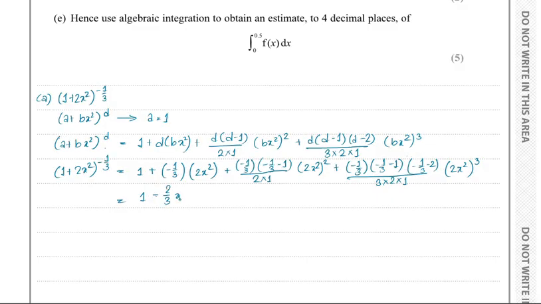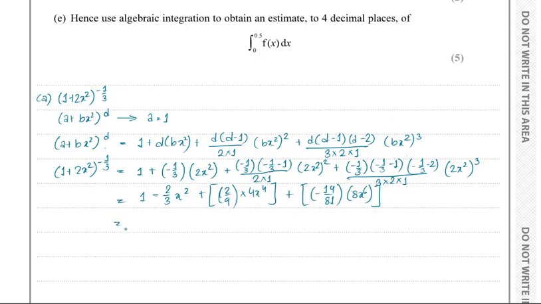So the expansion will give us 1 - 2/3 x² + (2/9, this comes from this part only, multiplied by 4x⁴) + (-14/81 × 8x⁶). 3 multiplied by 2 is 6.